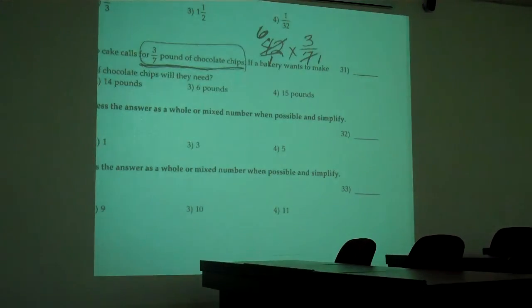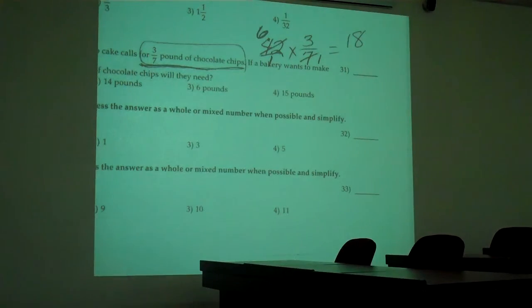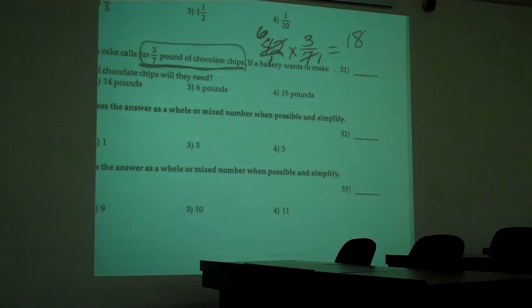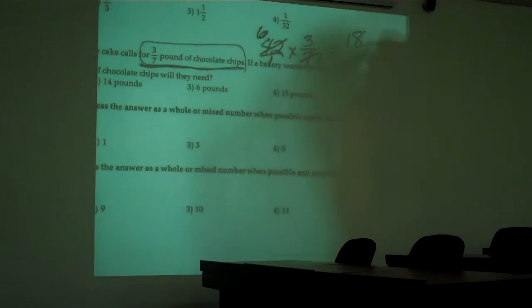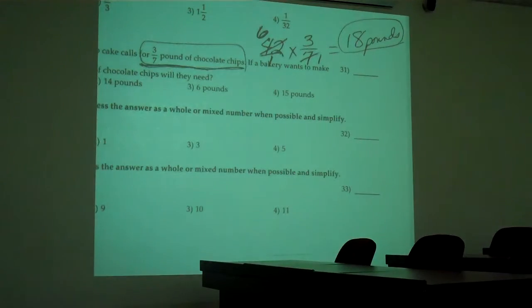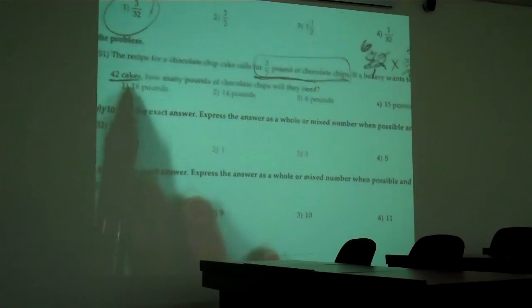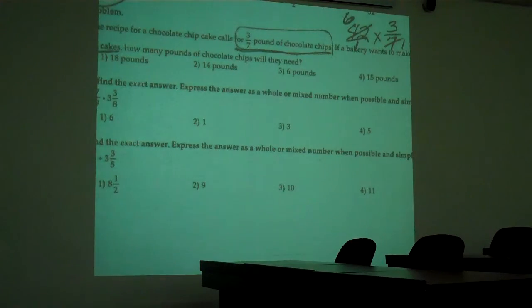Divided by 7 is 6. 6 times 3? 18. Over 1, it's just 18. 18 pounds? Yeah. You use 18 pounds of chocolate chips, which makes sense because 3/7 is about half of a pound, and 18 is about half of 42.